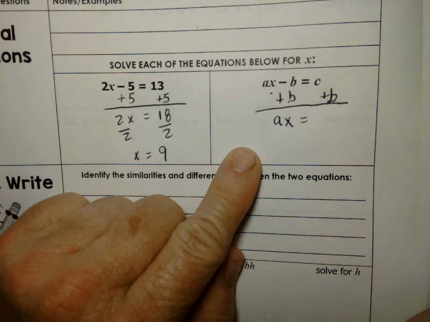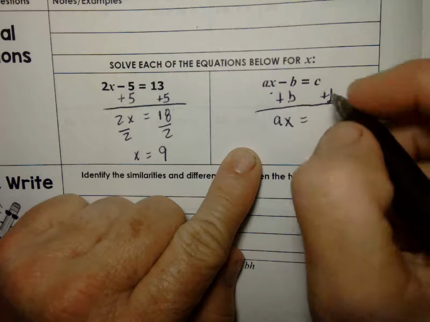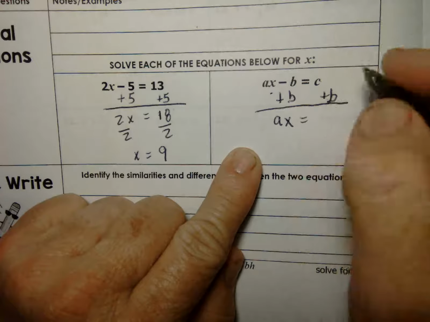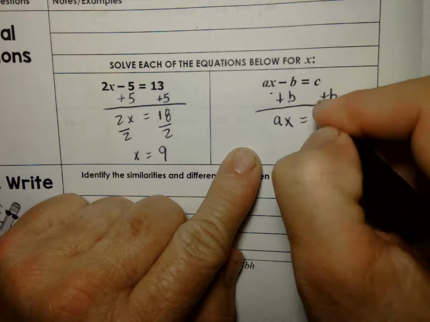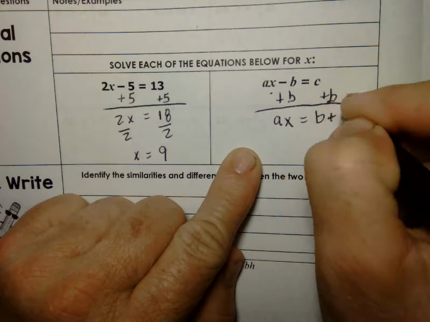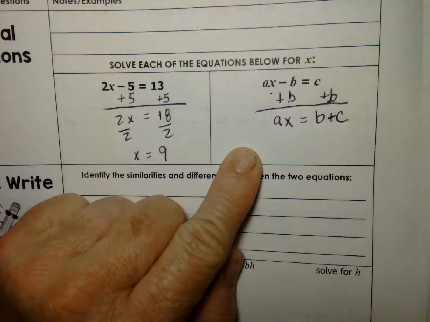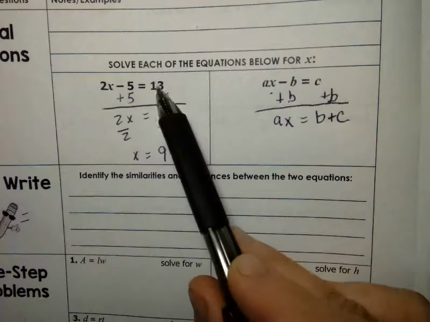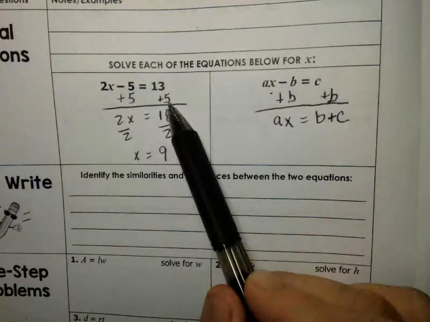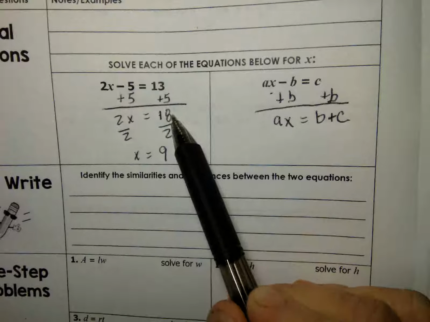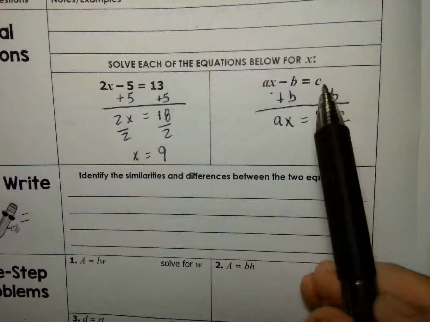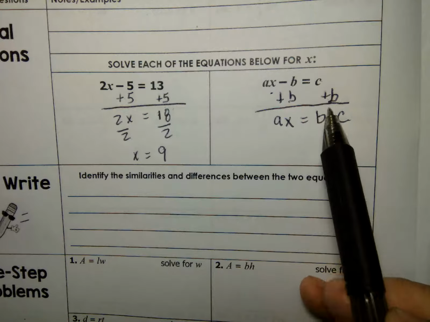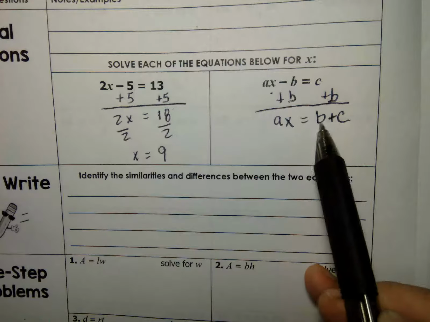I don't care which way you write it. We'll do it alphabetically, so we'll say b plus c. All I did here, we added the two together, but because they're like terms, we combined them. Here, we're adding the two together, I cannot combine.